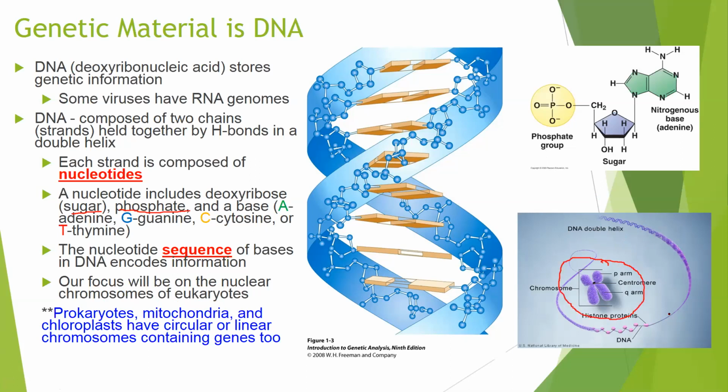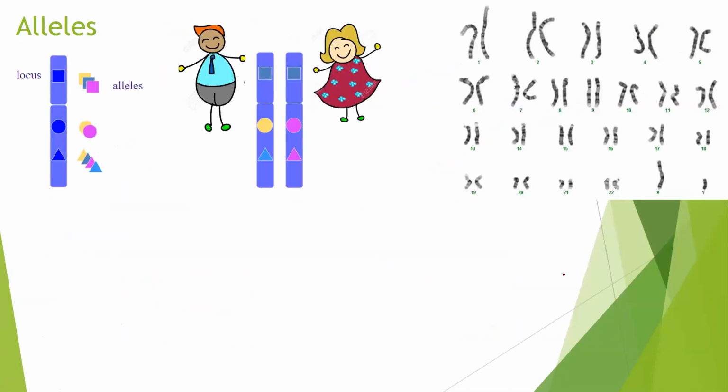So we're going to see what a chromosome is. As you can see, usually chromosomes exist in pairs in most diploid organisms, including ourselves, humans. So this is an example for human.